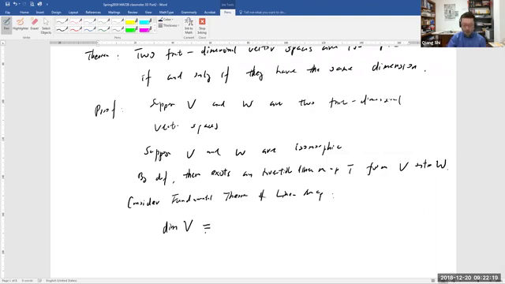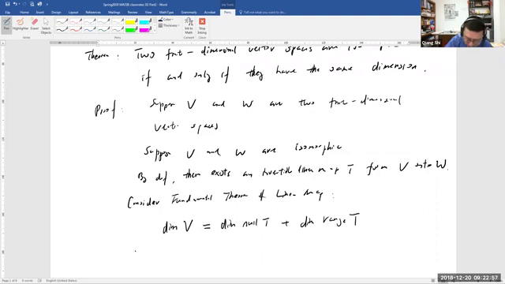This is a very powerful theorem. It's on page 63 of the textbook, theorem 3.22, the fundamental theorem of linear maps. So keep that in mind.